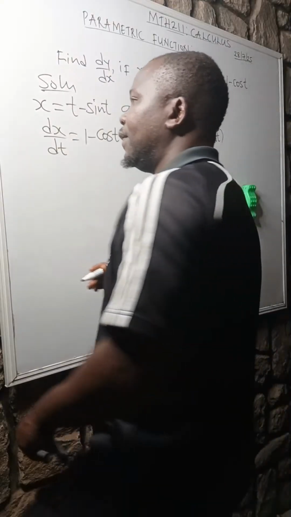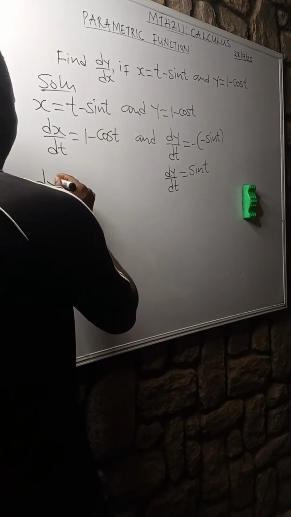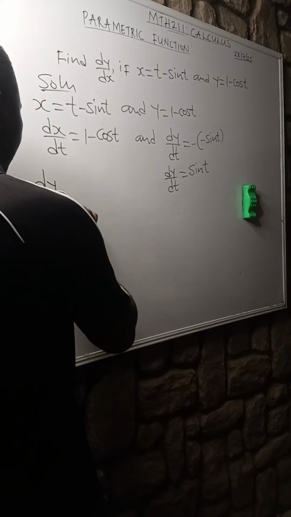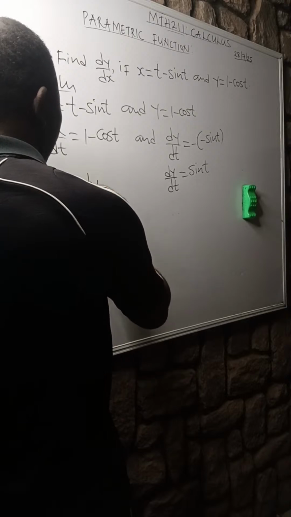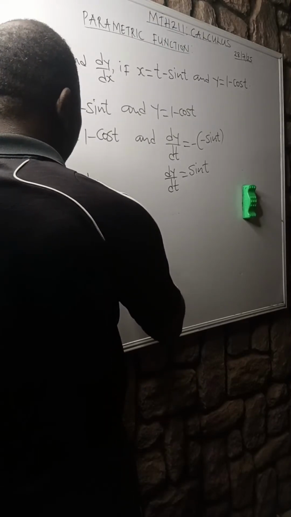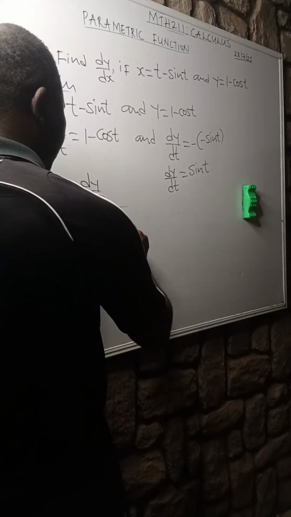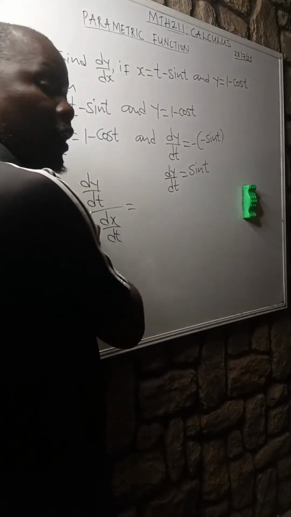The formula for parametric functions is our dy all over dx is equals to dy all over dt all over dx all over dt. Then this is equals to, what is dy all over dt?